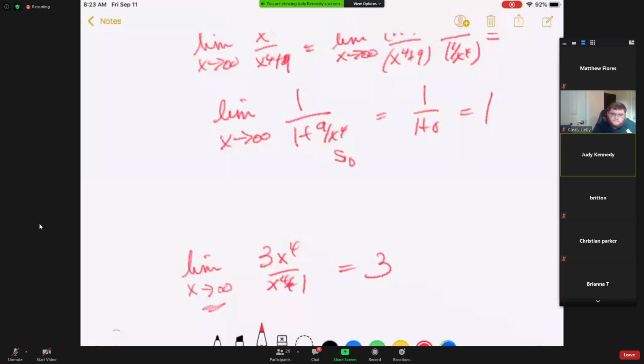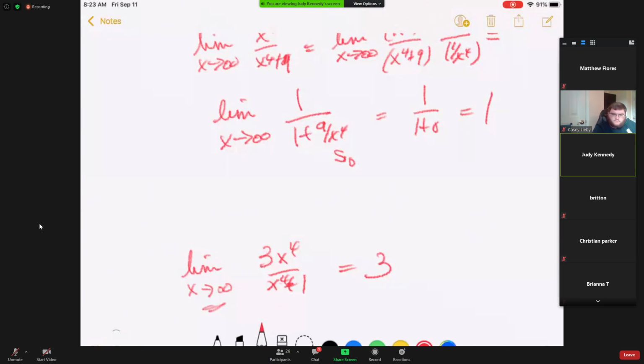On the other hand, if the degree of the numerator is greater than the degree of the denominator, then the numerator is getting big faster than the denominator, and you're going to get plus infinity or minus infinity. So yeah, this is polynomial over polynomial, or one you can convert to polynomial over polynomial. You either get no limit, and the no limit is of the form plus infinity or minus infinity.